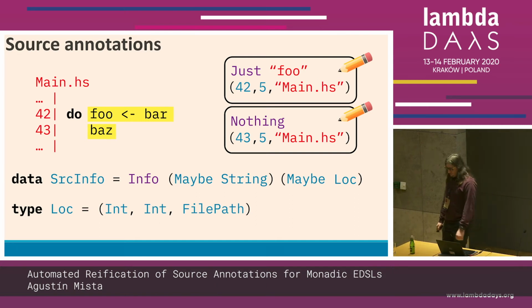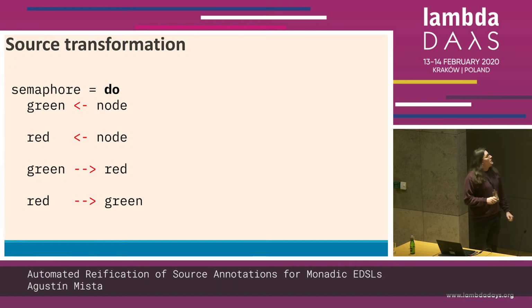All right? And now, to bind these two things, to glue the monadic statement with the source annotation, we will use a function, annotate, that is in charge of exactly that, to glue these two things together.